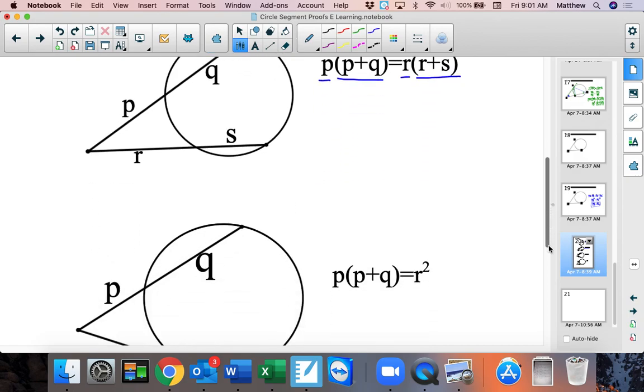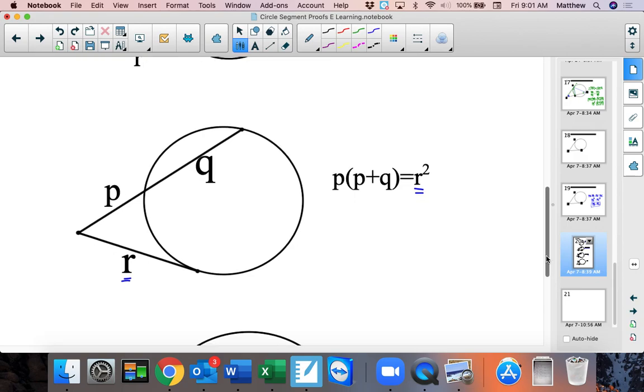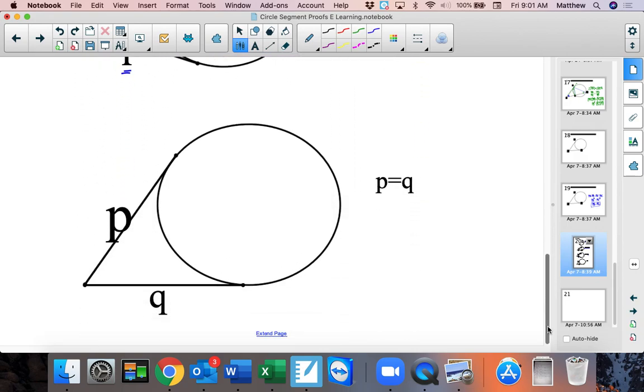And then lastly, we have a circle with a segment and a tangent. The tangent side squared equals outside part times the whole. There is one other formula which we didn't go over the last 3 days, but I'll just say it right here. And that is when we have two tangents, you just get P is equal to Q. We've talked about that before. So whenever you have two tangents, P is equal to Q.